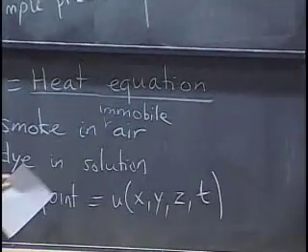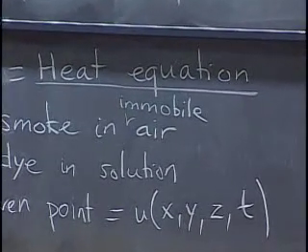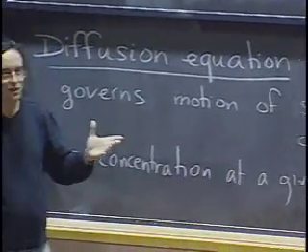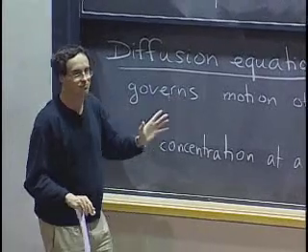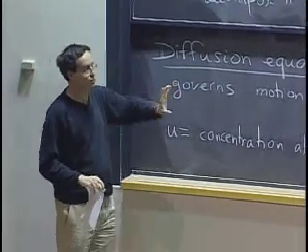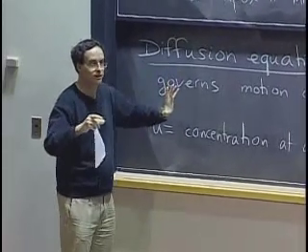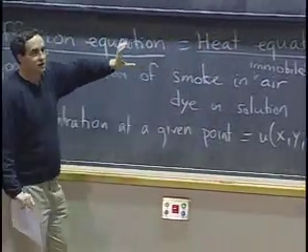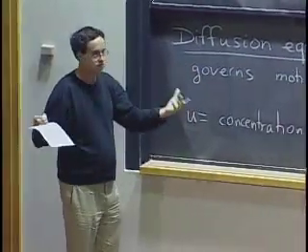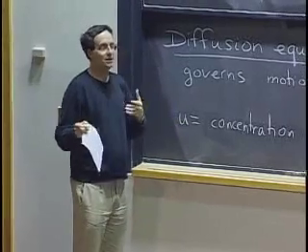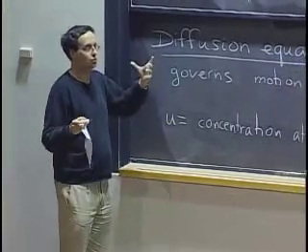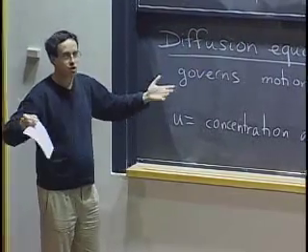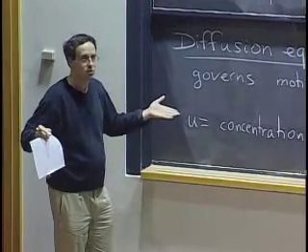And same thing with a solution. If you drop some ink into your glass of water, well, if you start stirring, obviously it will mix much faster than if you don't do anything. So that's the case where the fluid is not moving. And the heat equation now does the same, but for temperature in a fluid that's at rest. It tells you how the heat goes from the warmest parts to the coldest parts, and eventually temperatures should somehow even out.